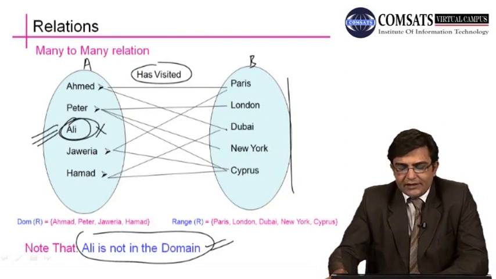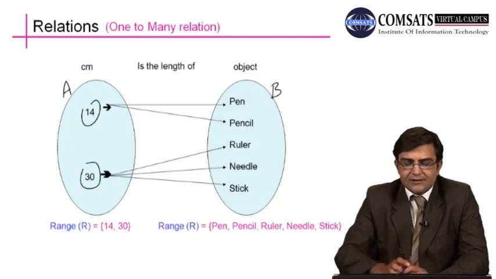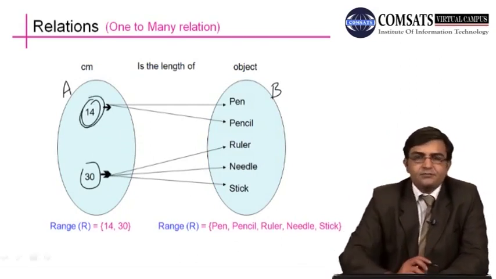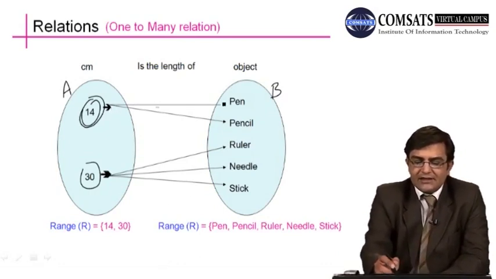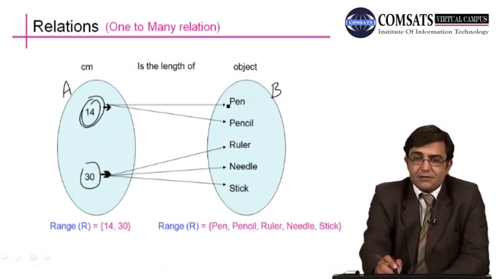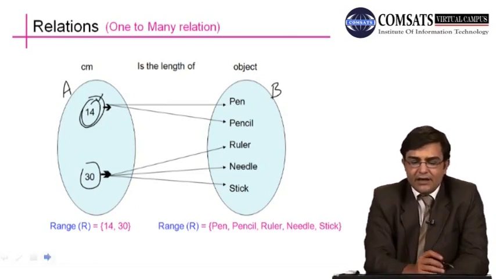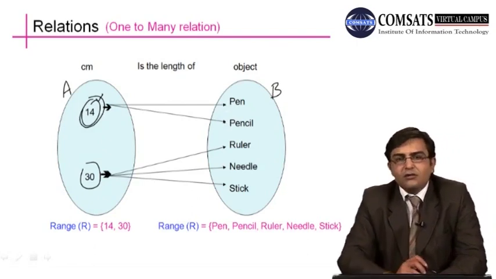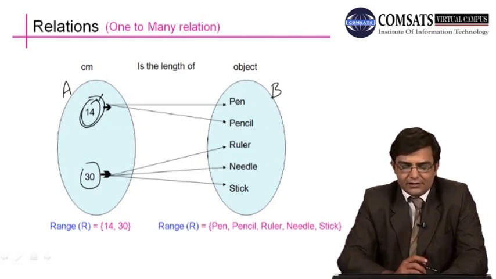Now the second condition of a function is that every element in set A must be assigned to exactly one element in set B. Here this element of set A is assigned to two elements of set B. So this doesn't satisfy the second condition of the function.